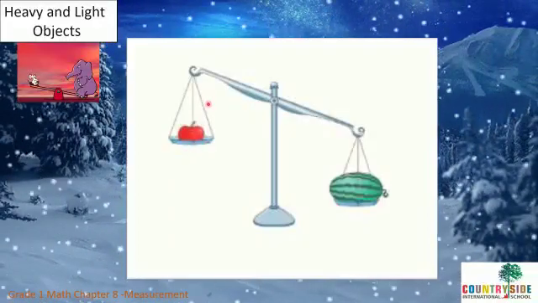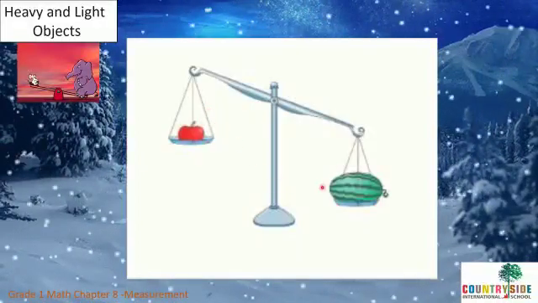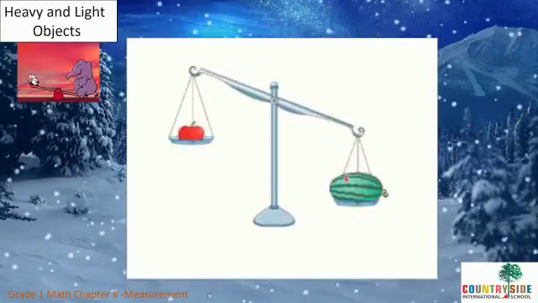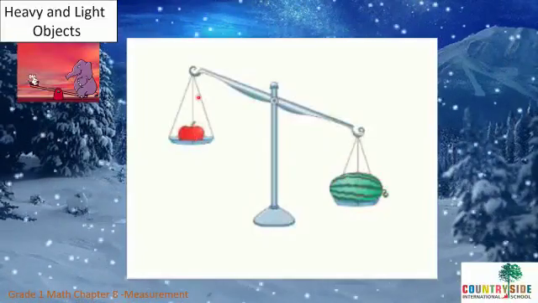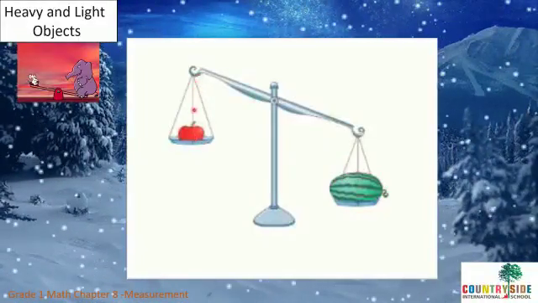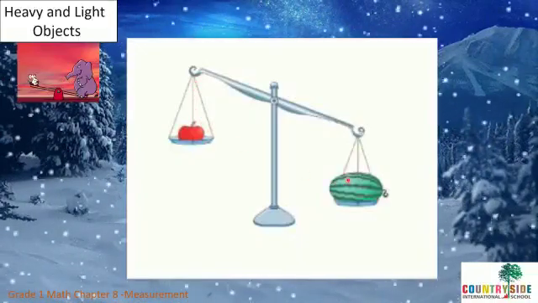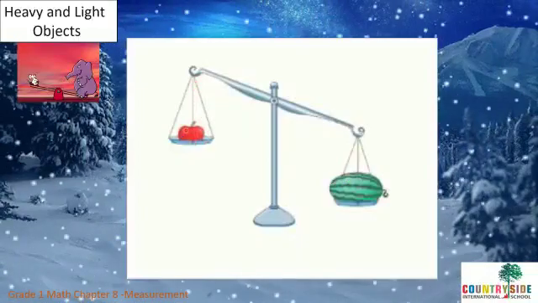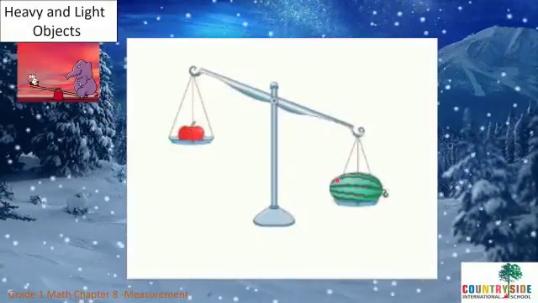Kids, always remember that the pan with a heavier object always goes down and the pan with a lighter object always goes up. It means here watermelon is heavier than an apple and an apple is lighter than a watermelon.